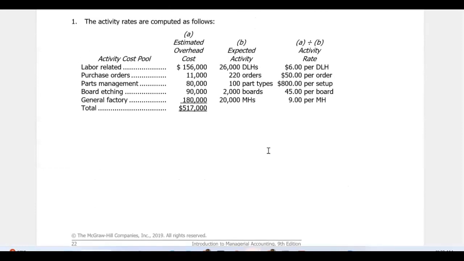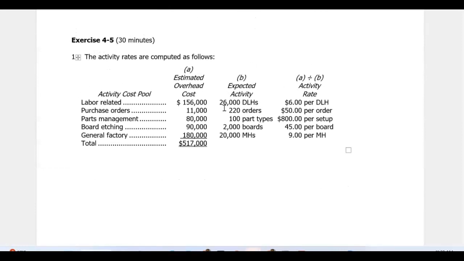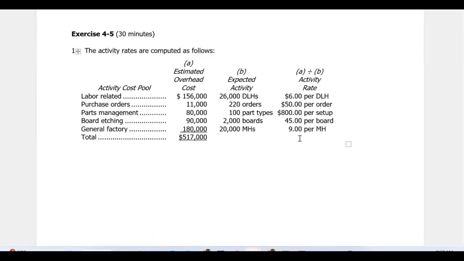When you are calculating the predetermined rate, you always use expected, estimated activity. Estimated cost divided by estimated activity, so both of them are estimated. Now you get the predetermined rate.